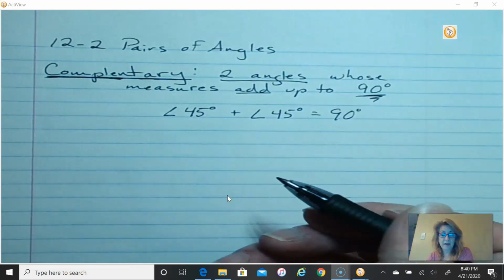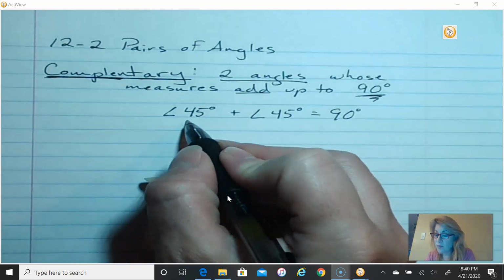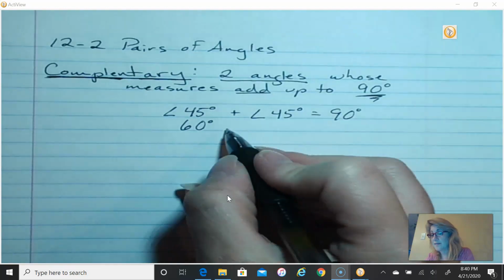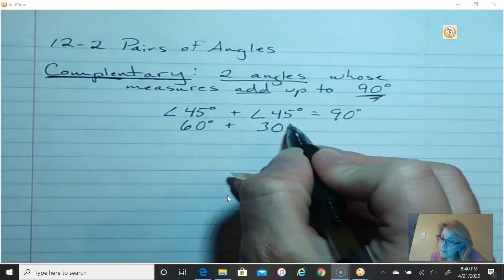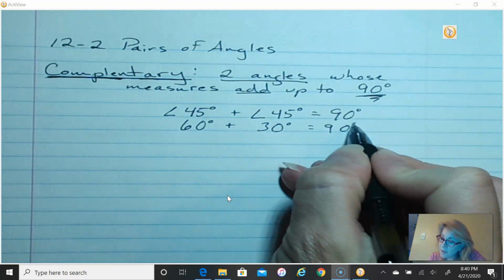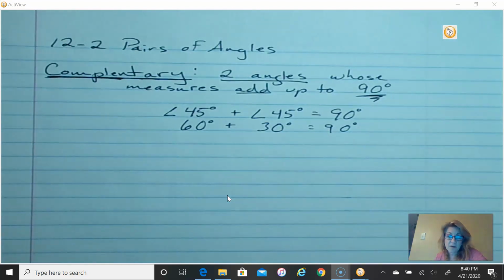Those are complementary angles. Let's say I have one angle of 60 degrees. What would the other angle have to be for it to be complementary? 30 degrees. That would give you 90 degrees.